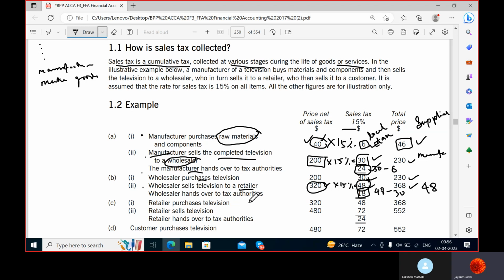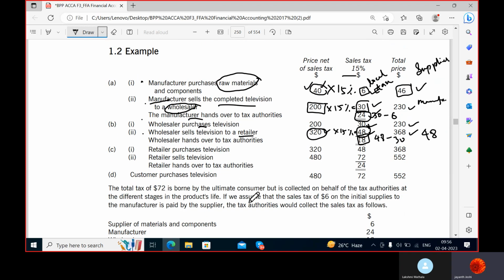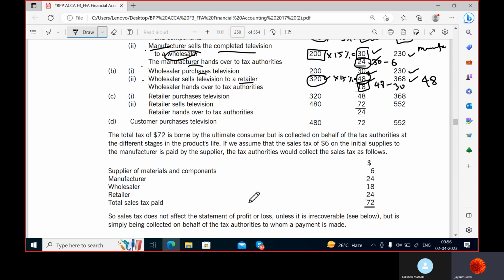Now next in line, the retailer has purchased the television, and ultimately the retailer sells the television to the ultimate customer. The retailer has paid a price of 368. Now he will sell the television to the ultimate customer at 480.